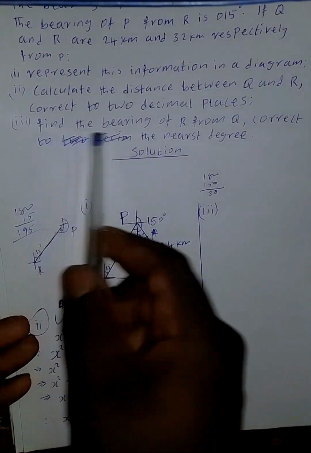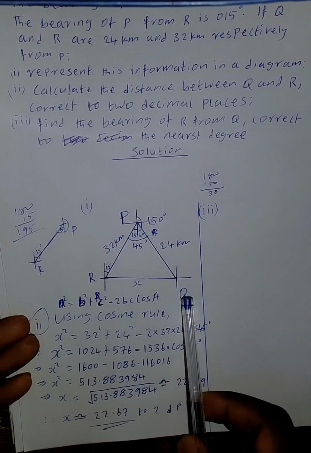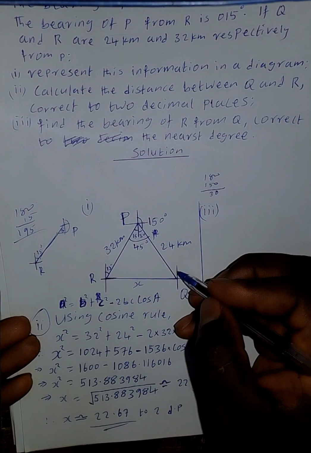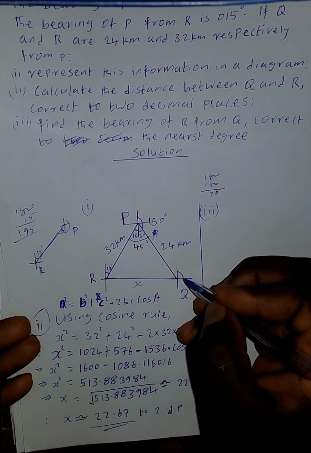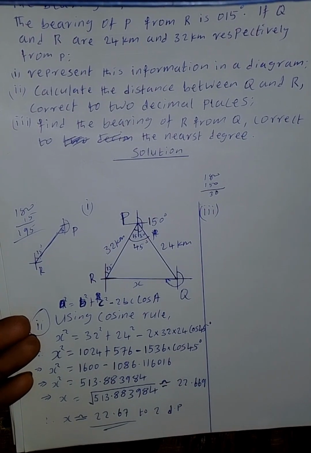I would prefer to write it here. The bearing of r from q, taking the bearing from q. If I'm taking the bearing from q, starting from north, this would be from here down to this place. What would be the answer?